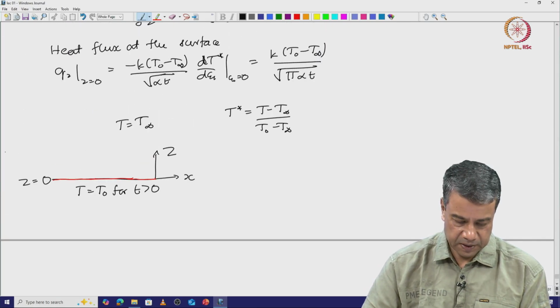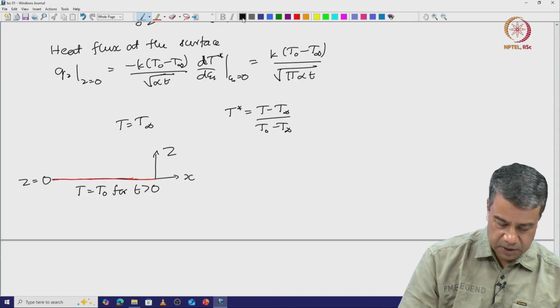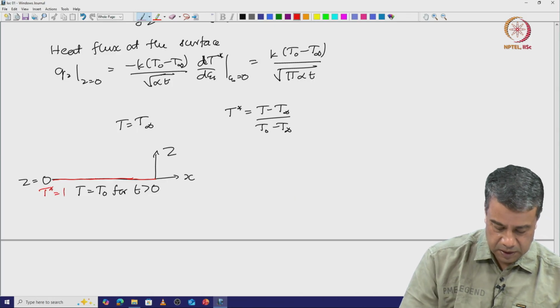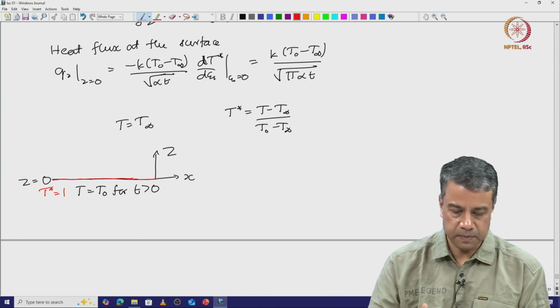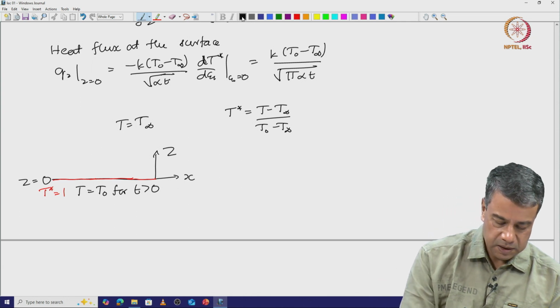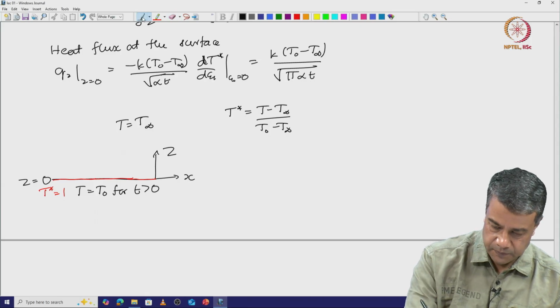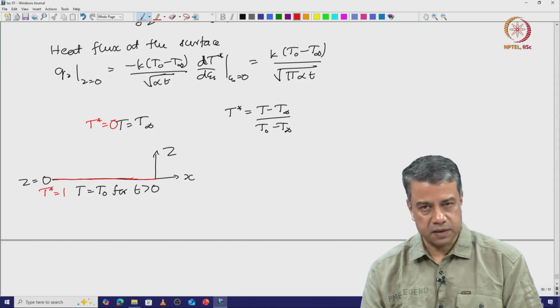Therefore, expressed in terms of T star, at the surface T is equal to T naught, so T naught minus T infinity by T naught minus T infinity is 1, and T star is equal to 1 at the surface.